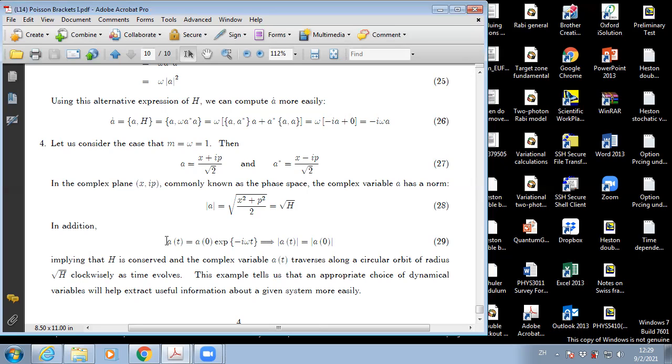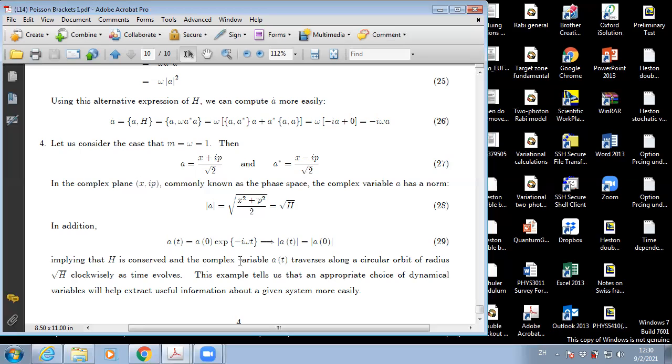And if we take the absolute value of A(t) on both sides, this is an exponential function of a phase factor, so the absolute value must be equal to 1. So that's why the absolute value of A(t) equals the absolute value of A naught, because this is a phase factor only. If you don't believe me, then you write it down.